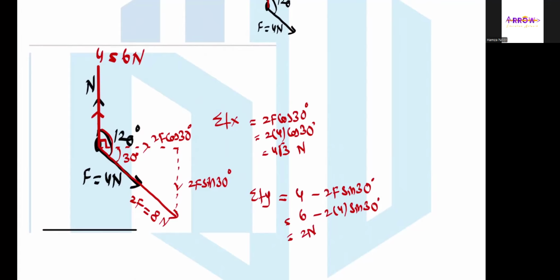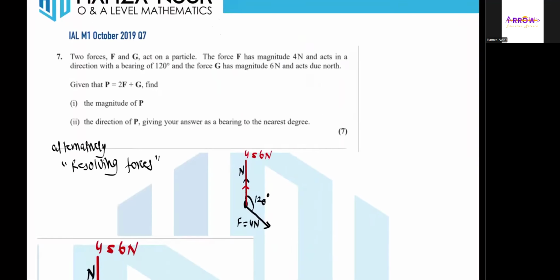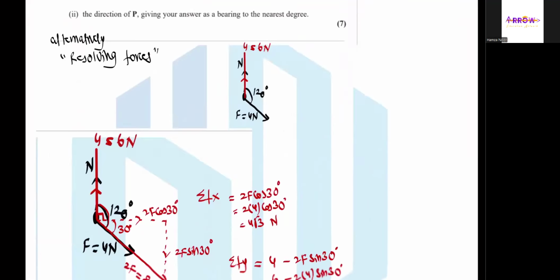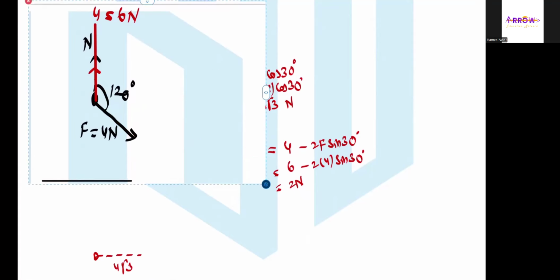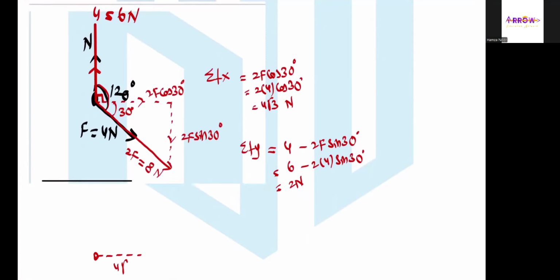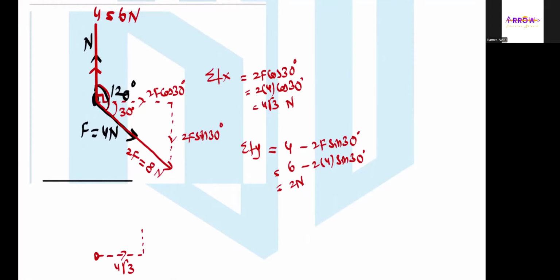This implies that the resultant of 2F and G, which is the P force itself, has a horizontal component of 4 root 3 Newton acting towards the right, and a vertical component of 2 Newton acting upwards. Here is the force P which we are looking for.